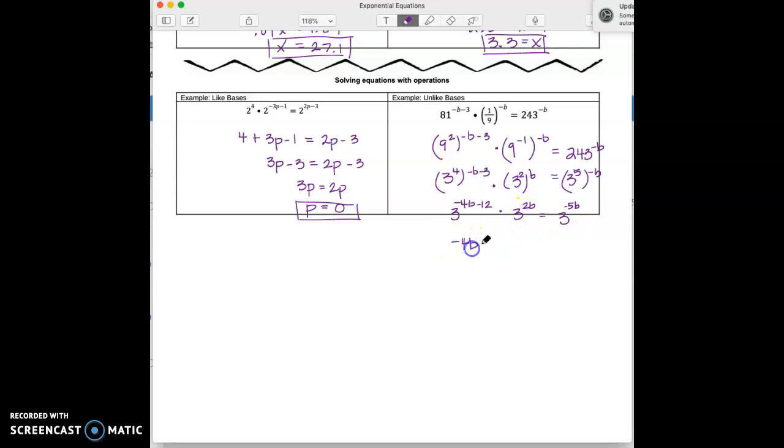So negative 4b minus 12 plus 2b equals negative 5b. Combine like terms. I can add the 2b to the negative 5 to make that negative 3, divide both sides, and so the answer is 4. So that's a little bit more work. I would probably say something like that would be easier solved graphically, but we can solve them algebraically.